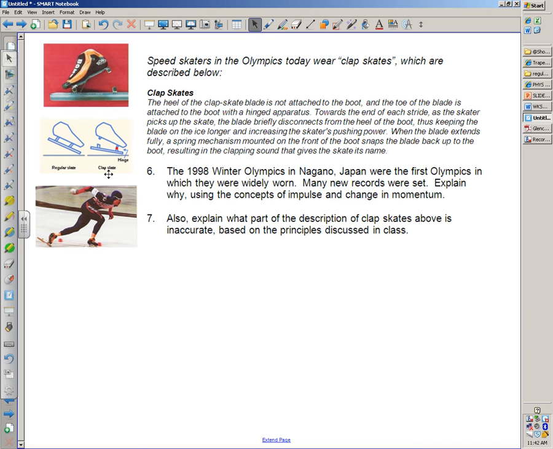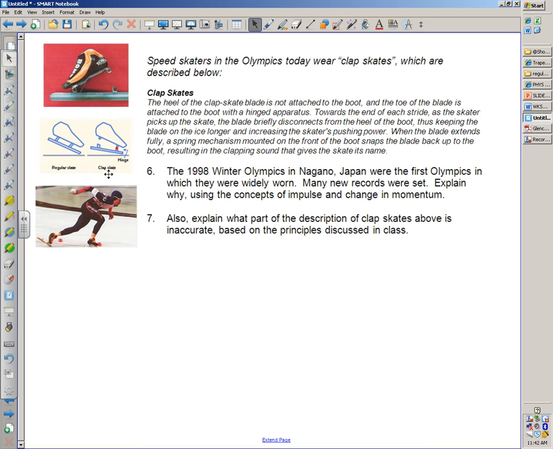As you can see from the bottom picture, when they go to push off of the ice, the back of the blade actually comes apart from the boot for a little bit, but then when they lift their foot off of the ice, it snaps back into place. And it makes a little clapping sound, so they're generally referred to as clap skates.